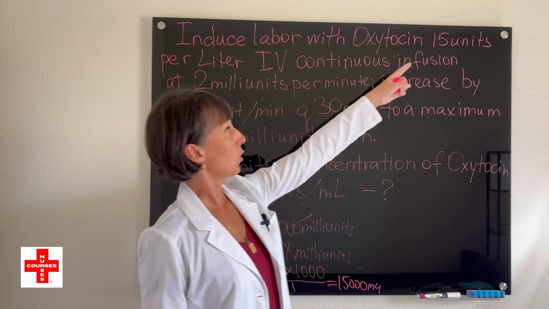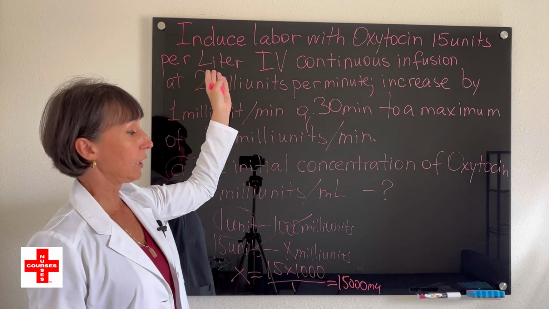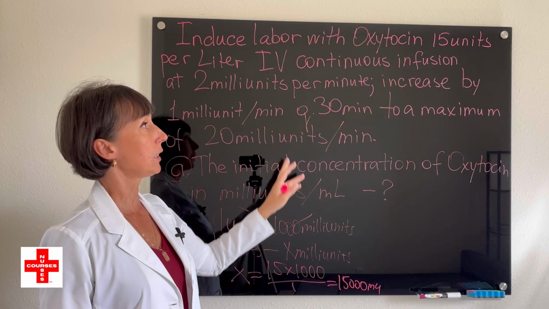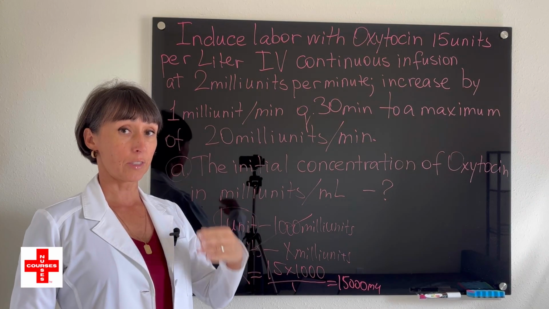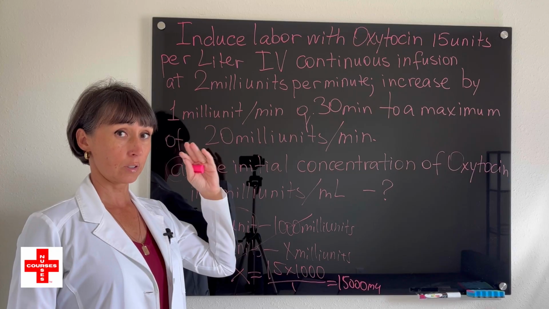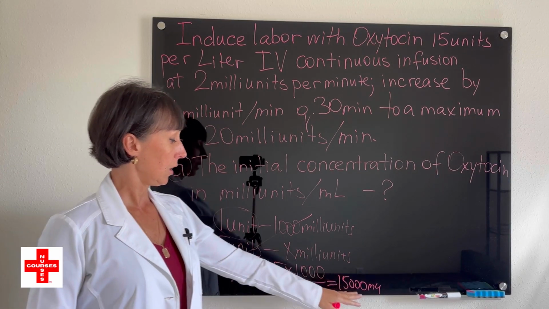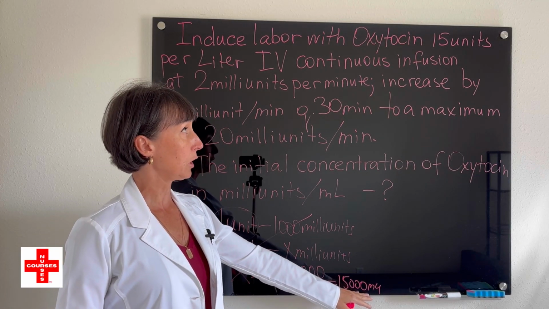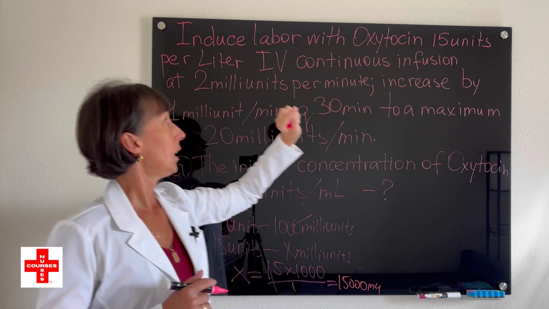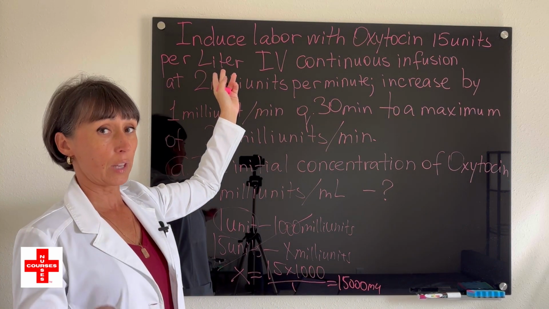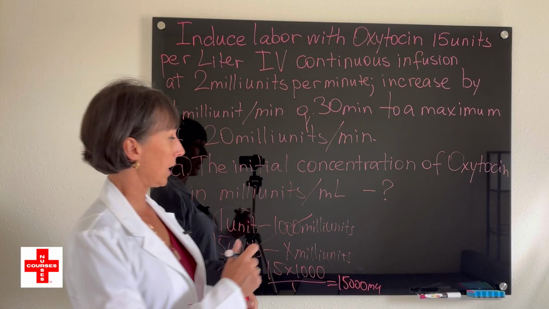So next, going from units per liter to milliunits per milliliter, I need to convert my liters to milliliters. 1 liter is 1,000 milliliters. I already converted it in my head, and I'm going to write down that 15,000 milliunits, which used to be 15 units, we just converted per liter or per 1,000 milliliters.